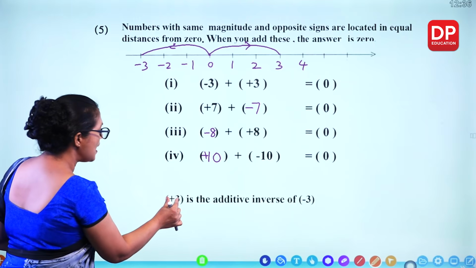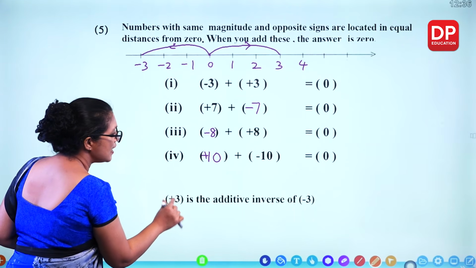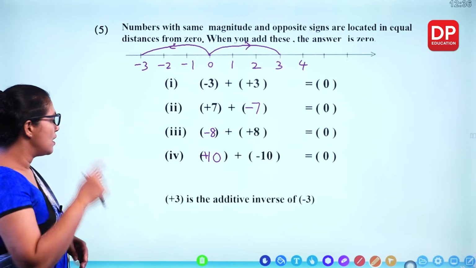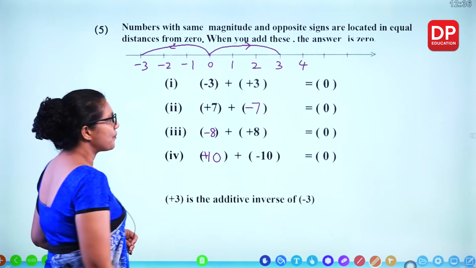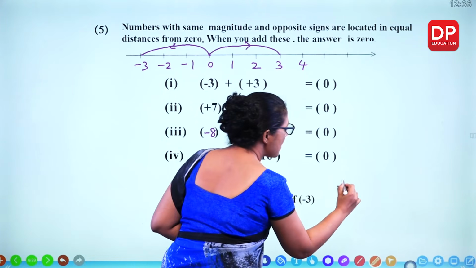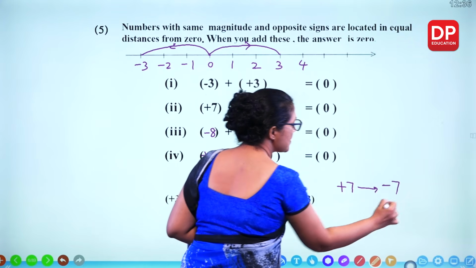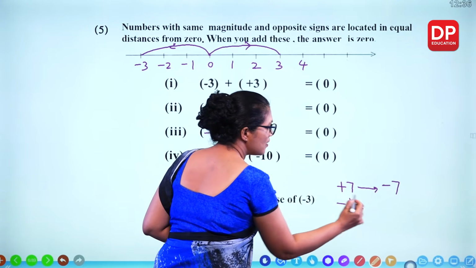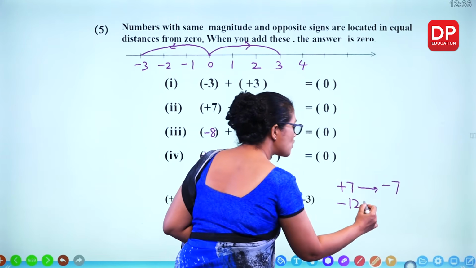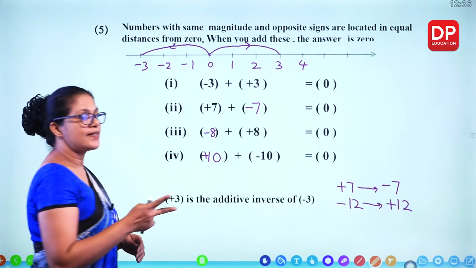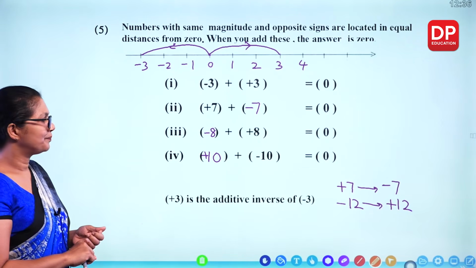Additive inverse means if you take +3, -3 is the additive inverse of +3. Now, if you take +7, what's the additive inverse? That's -7. -12, what's the additive inverse of -12? That's +12. When you add these, you get 0.